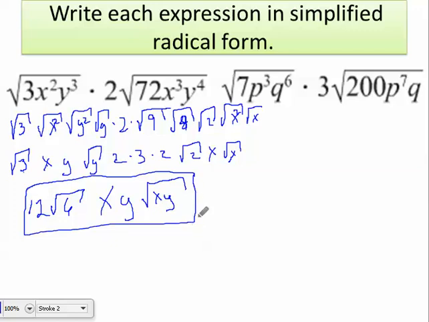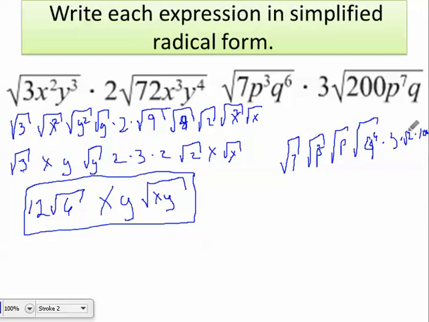Okay? This other one over here, I'm kind of getting a little lost in the time here, so I want to make certain I do it fairly quickly. I've got the square root of 7, the square root of p squared, square root of p, square root of q to the 6th, times 3 times 2 times 100.